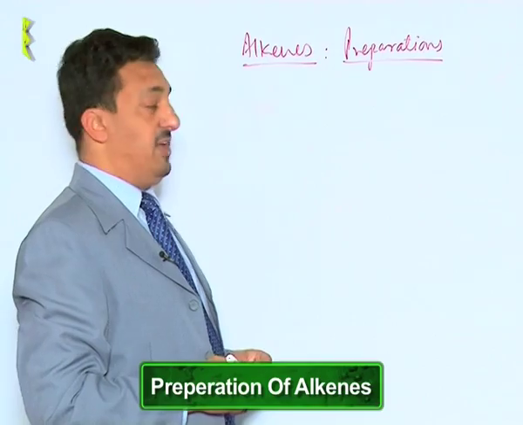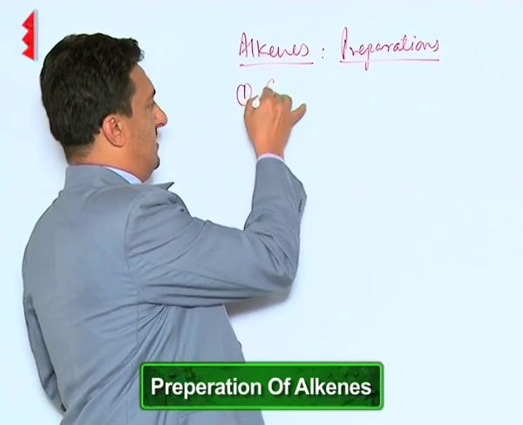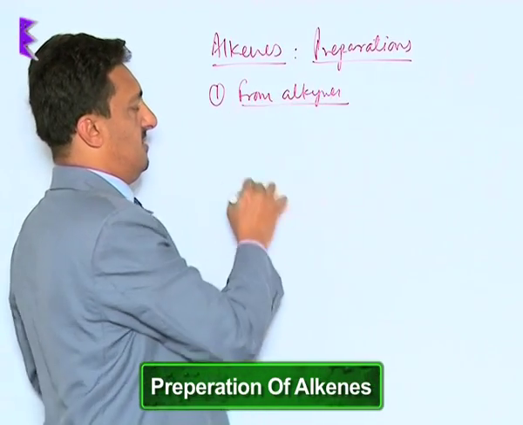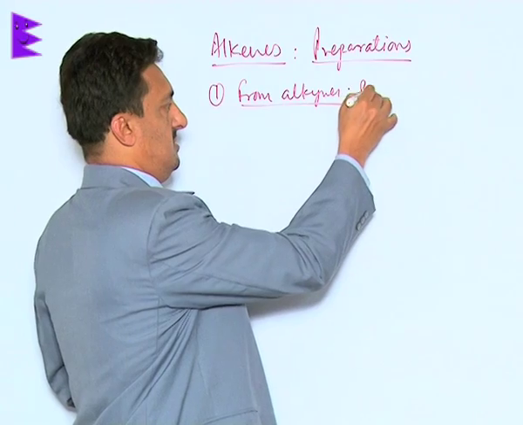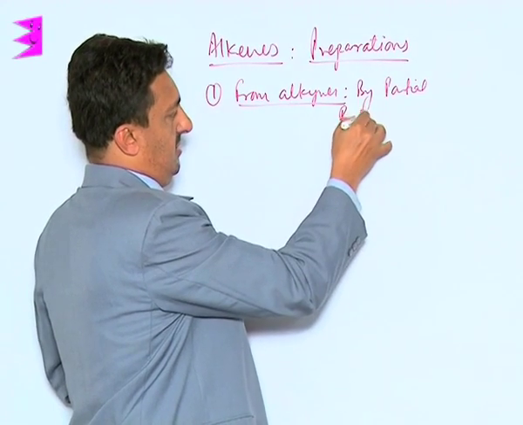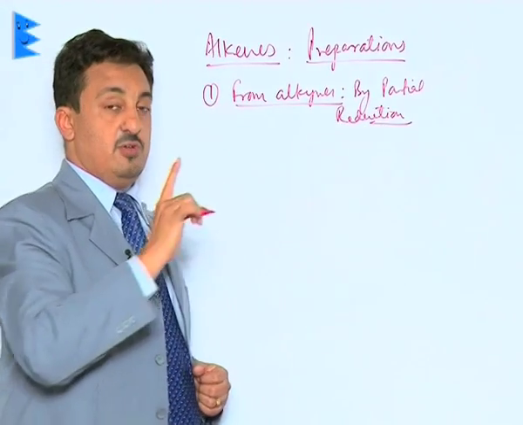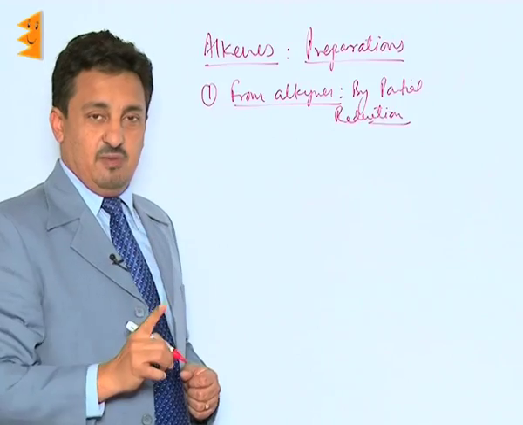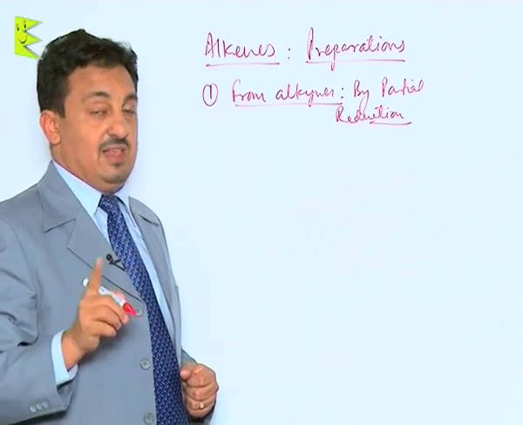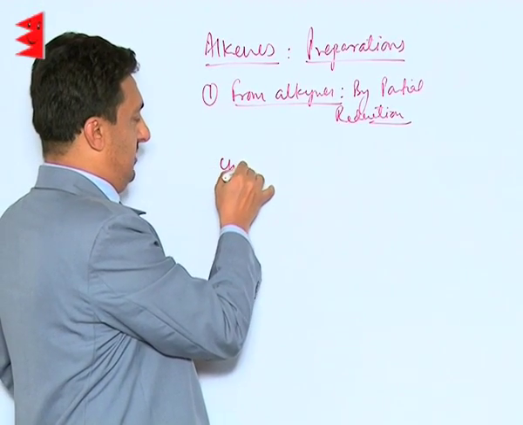Let us see the preparations of alkenes. The first method is from alkynes, by partial reduction. Why partial reduction? Because we want to reduce only one pi bond and retain the other pi bond so that alkenes are formed and not alkanes. Let me give you an example.